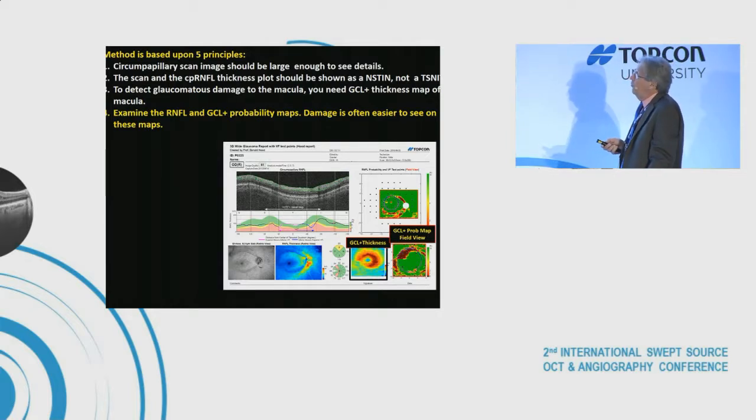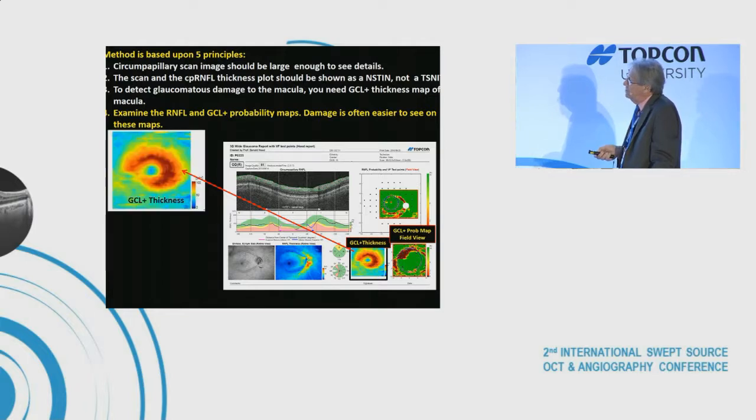All right, number 4. It's often easier to see damage if you have probability maps as opposed to thickness maps. So we're going to take this thickness map. Here it is. Remember, that's thick. That's thin. That's superior retina. And we're going to turn it into a probability map in field view. What does that mean?